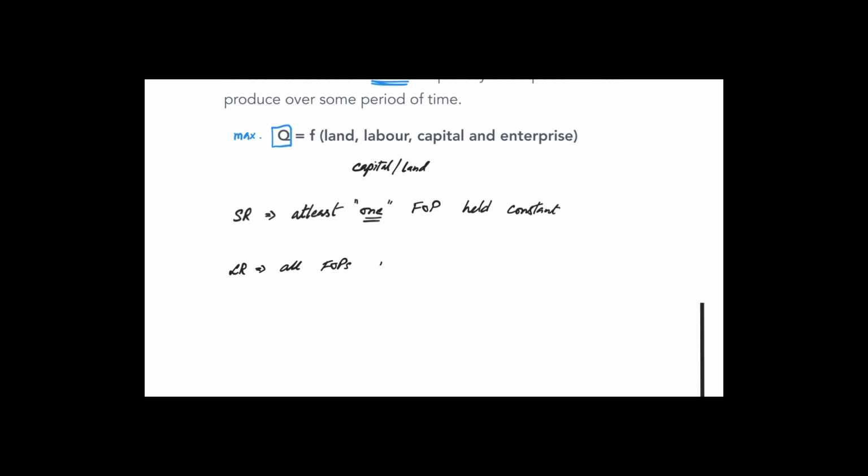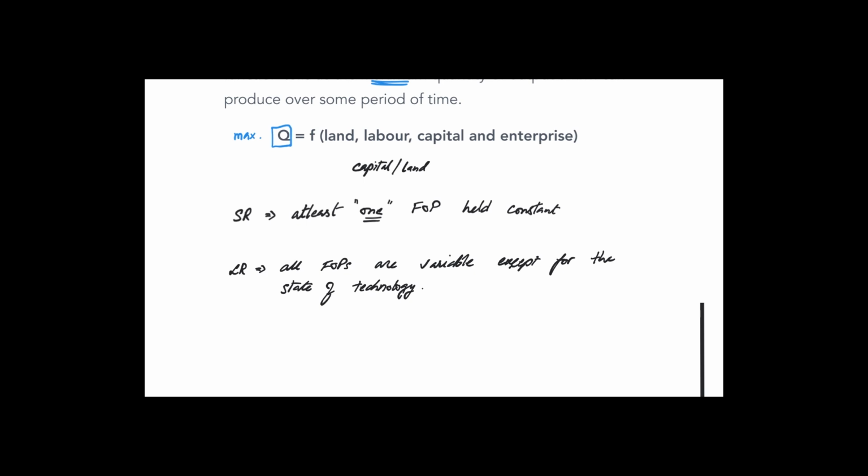Long run is the time duration in which all FOPs are variable, except for one thing, the state of technology. What does that mean? State of technology is about how you can't change the software or the machines and go to a newer model which is more productive.